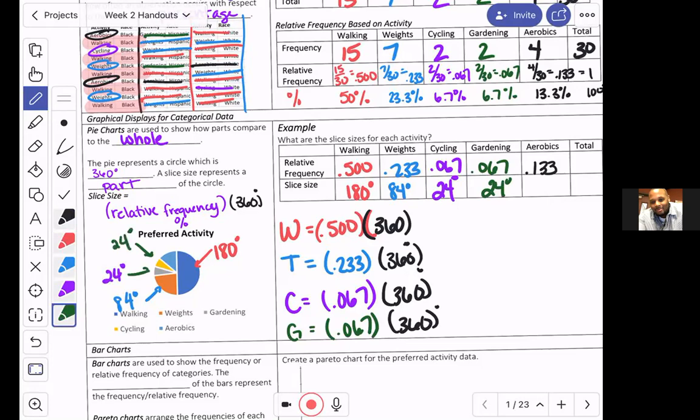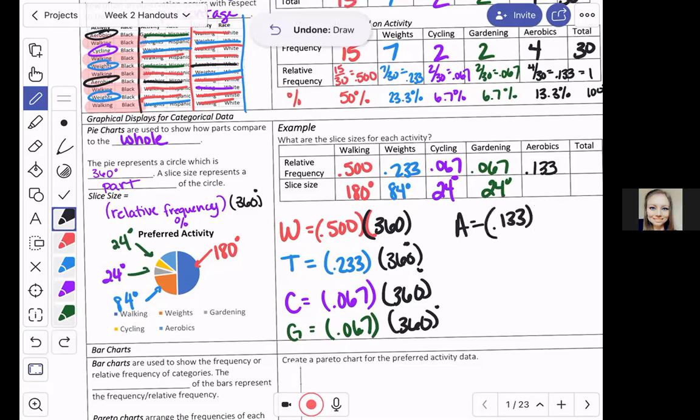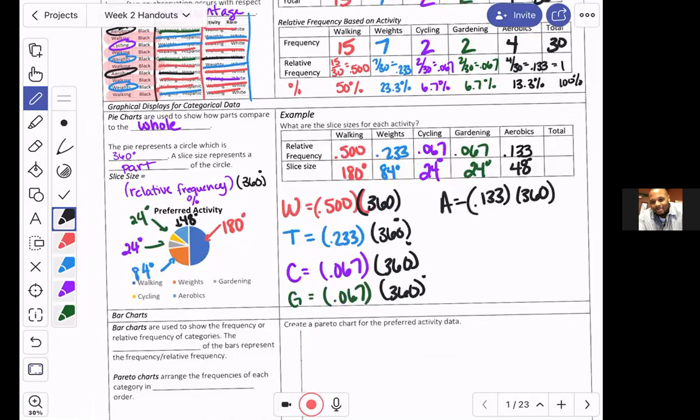And then the last one is my aerobics. Aerobics is 0.133 times 360, which is 48. Thank you so much. So this is 48 degrees. There we go, and there are all those categories, the slice size category filled in.